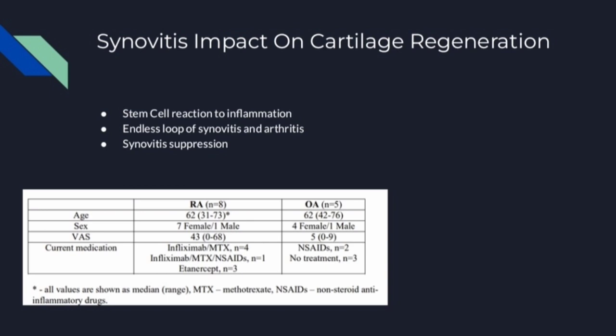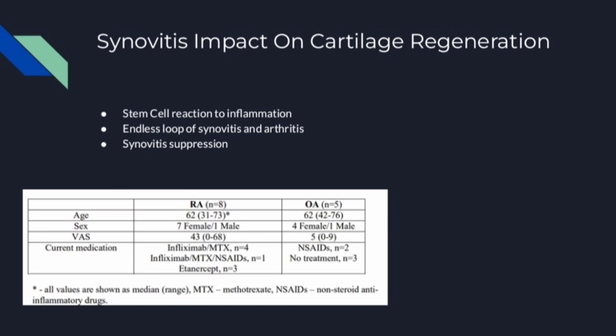It also lets you know about the patients who are currently on some types of drugs versus some who are not. The reason I added this diagram was mostly to explain how no matter what type of arthritis was presented or medications that the person was currently on, the stem cells still reacted the same way, not dependent on any factors that were currently presented.